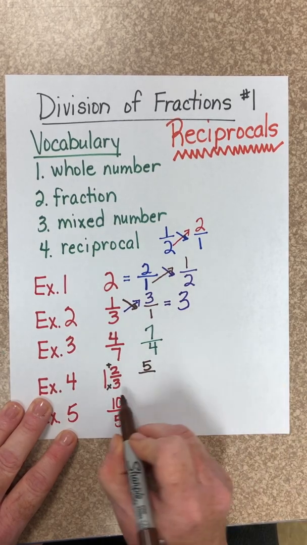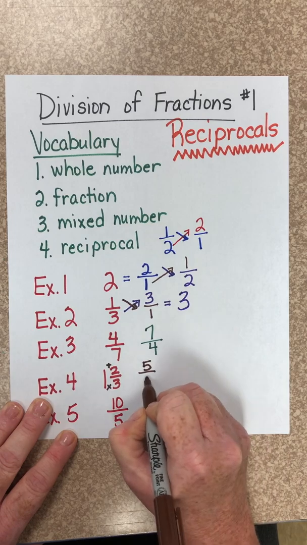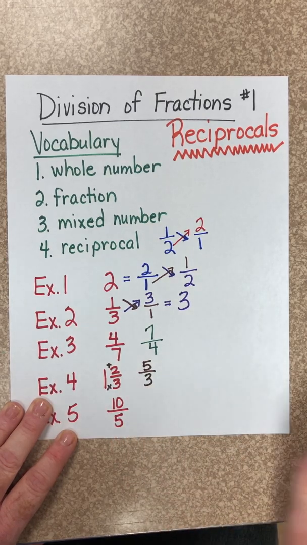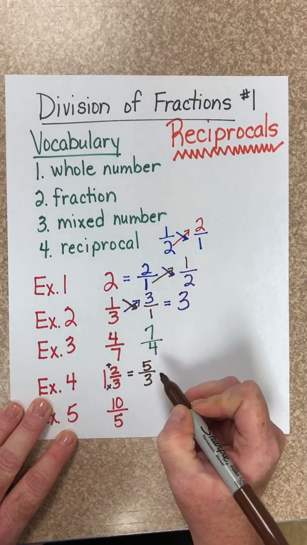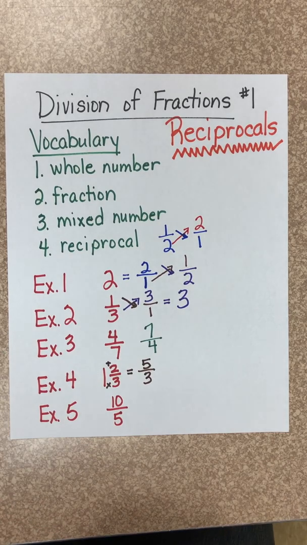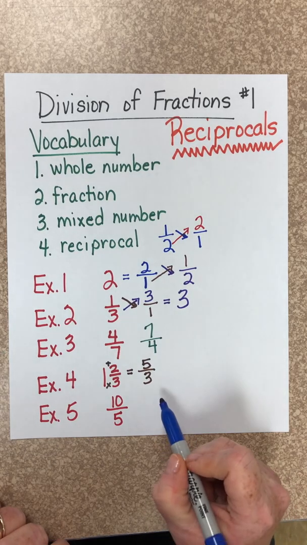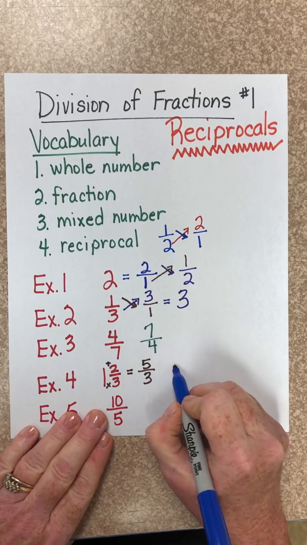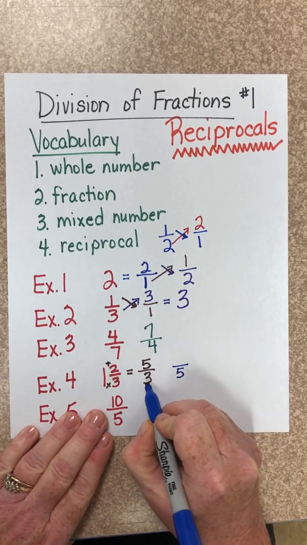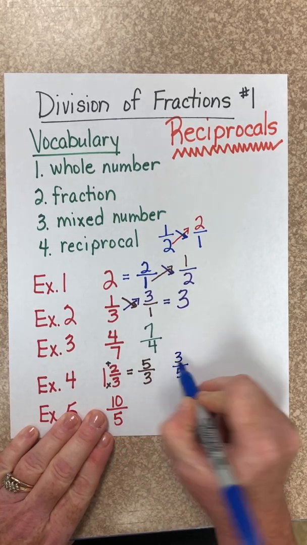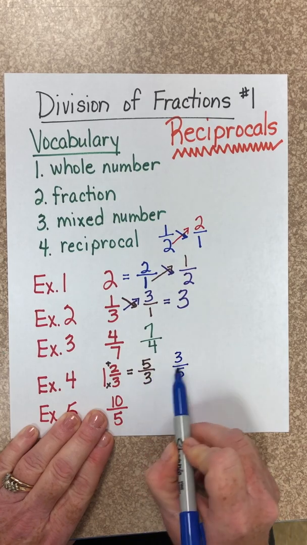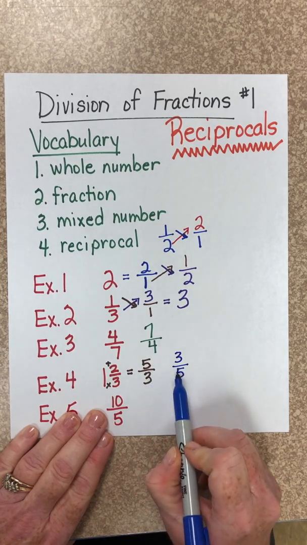And the denominator, which is 3, stays the same. These two are equal. They are equivalent. Now if I want to know what is the reciprocal, we can have this fraction flipped, which means the 5 will become the denominator, 3 will become the numerator. Please do not put an equal sign between these. These are not equivalent.